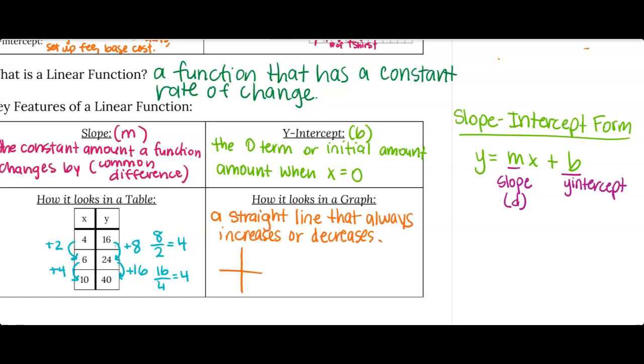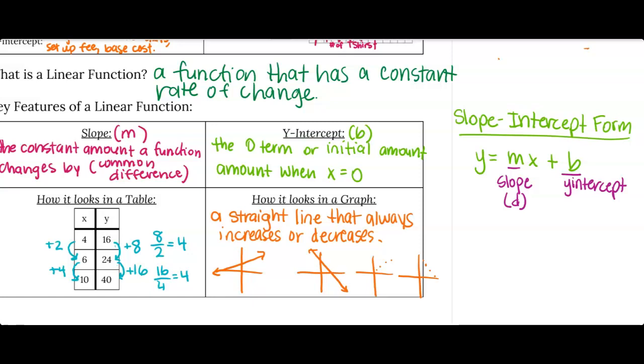If we are increasing, we don't change, and if we are decreasing, we don't change. We can also remember that it can be a discrete function where there are just dots and still be linear, or it could be a continuous function in which we've connected the dots. What matters is whether the things in between matter or not.